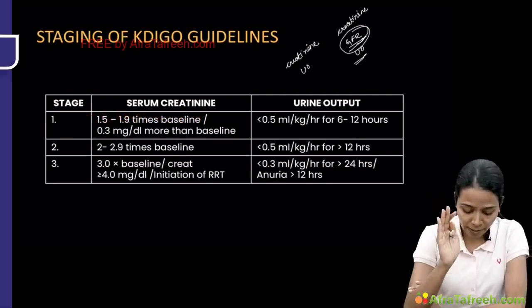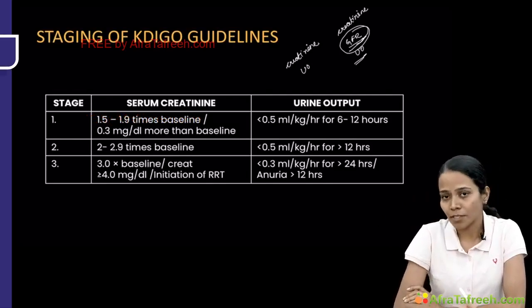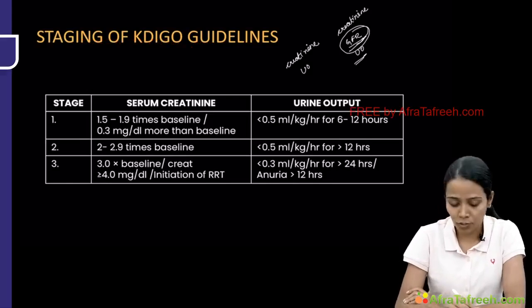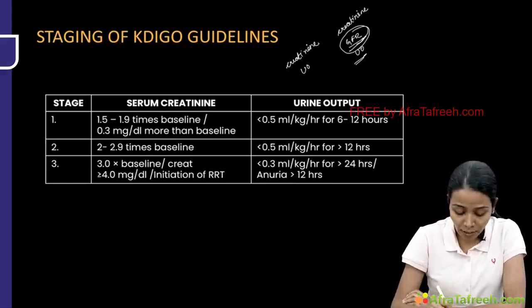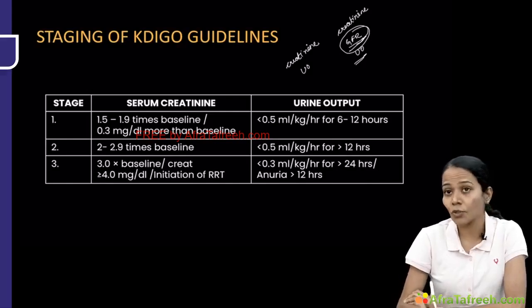So serum creatinine is any elevation 1.5 to 1.9 times the baseline, or any 0.3 milligram per deciliter increase in creatinine from the baseline. So this is the serum creatinine. Now this, or if the patient has less than 0.5 ml per kg per hour urine output for 6 to 12 hours.